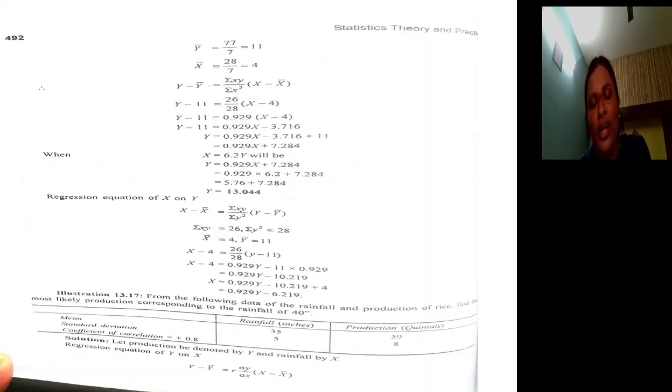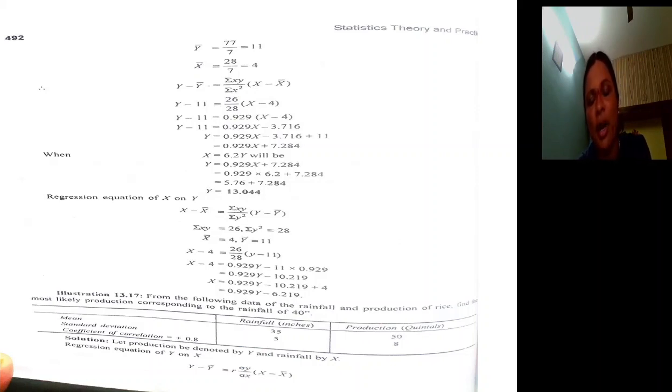So having known that x is equal to 6.2, we have to calculate y. So y will become 0.929 into 6.2 plus 7.284. Answer for y is 13.044.